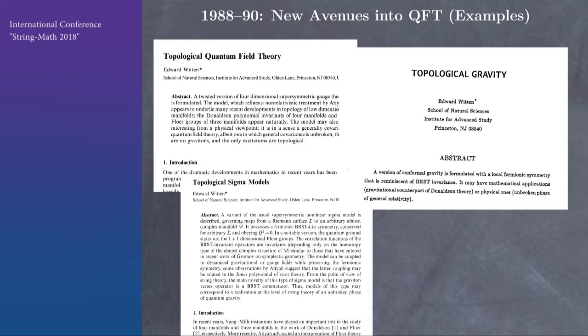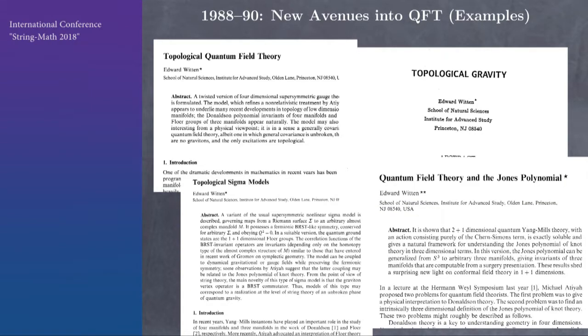At that time, Witten also introduced a three-dimensional field theory that was purely topological, that captured not only the Jones invariants of knots and links, which had recently been discovered, but also gave new invariants of knots, links, and three-manifolds.